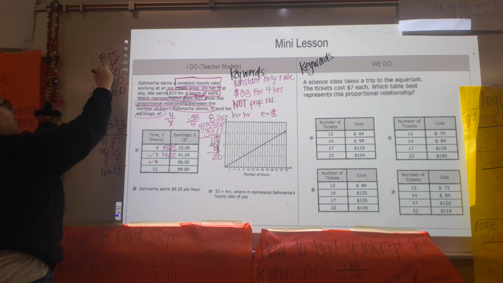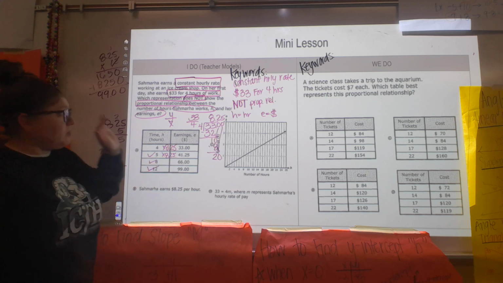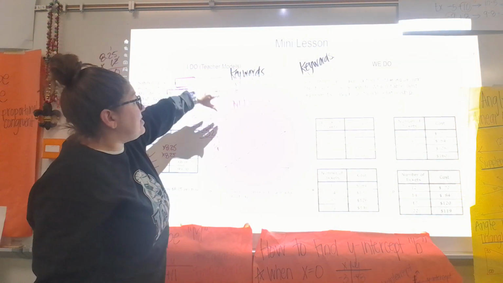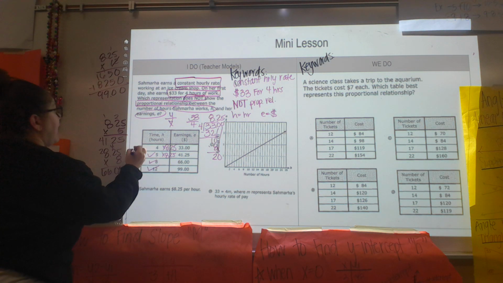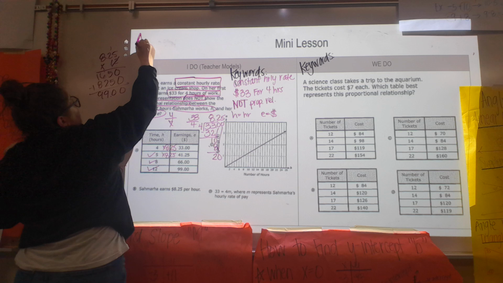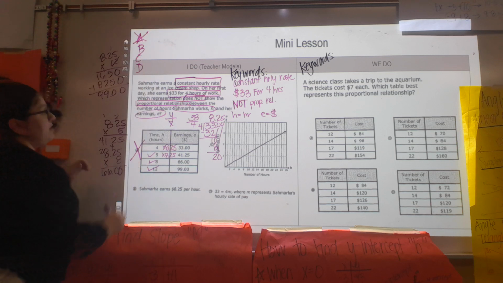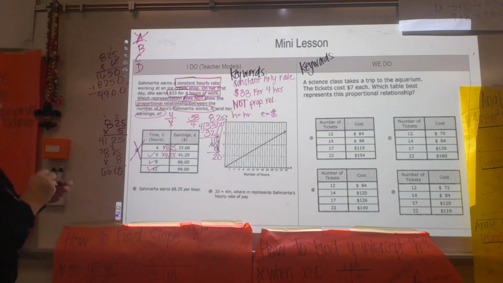That's 0, 10, 9, 9. But remember, from our keywords, we want what's not proportional. So we know this one is proportional, but it cannot be my answer because I want to know what is not true. Let's do the next one.